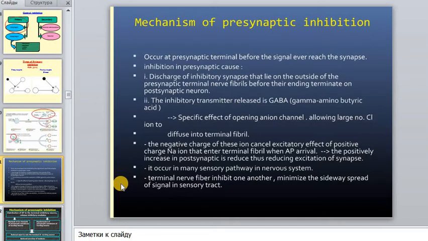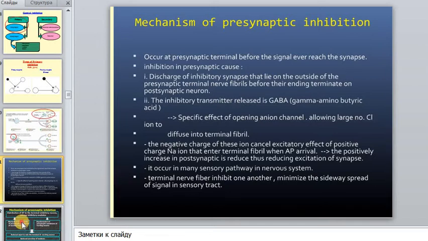Inhibition in the presynaptic case is the discharge of inhibitory synapses that lie on the outside of the presynaptic terminal nerve fibers before their endings terminate on the postsynaptic neuron, and the inhibitory transmitter is released, like GABA, gamma aminobutyric acid, or another with the specific effect of opening ion channels, allowing large numbers of chloride ions to diffuse into the terminal fiber, and the negative charge on these ions cancels the excitatory effect of the positive charge of sodium ions that enter the terminal fibril, even just after action potential arrival.